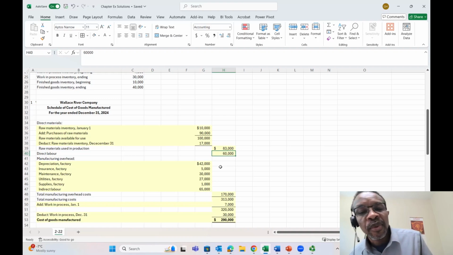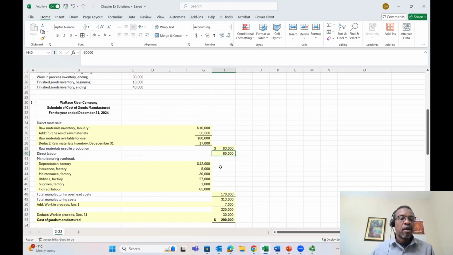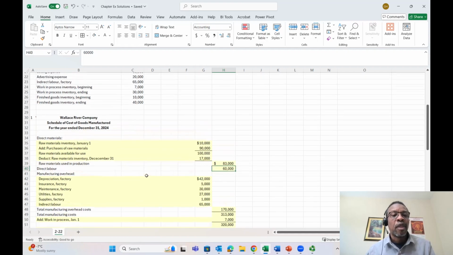So what are those? Again, remember that manufacturing overheads are those manufacturing costs that we are unable to directly apply to direct labor or to direct materials. So then they get put into manufacturing overhead.